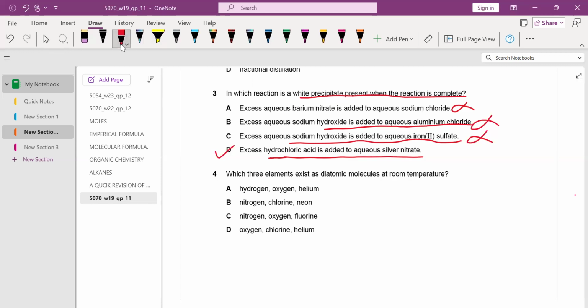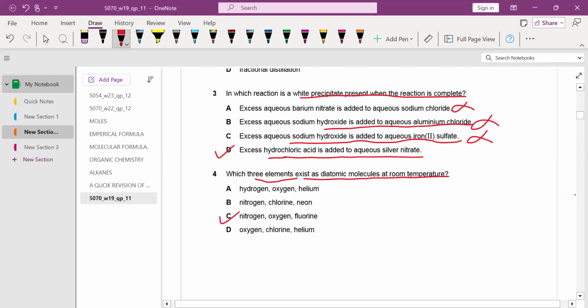Question number 4. Which three elements exist as diatomic molecules at room temperature? So you should remember which elements exist as diatomic molecules at RTP. They are nitrogen, oxygen, and fluorine. According to this, option C is correct for question number 4.